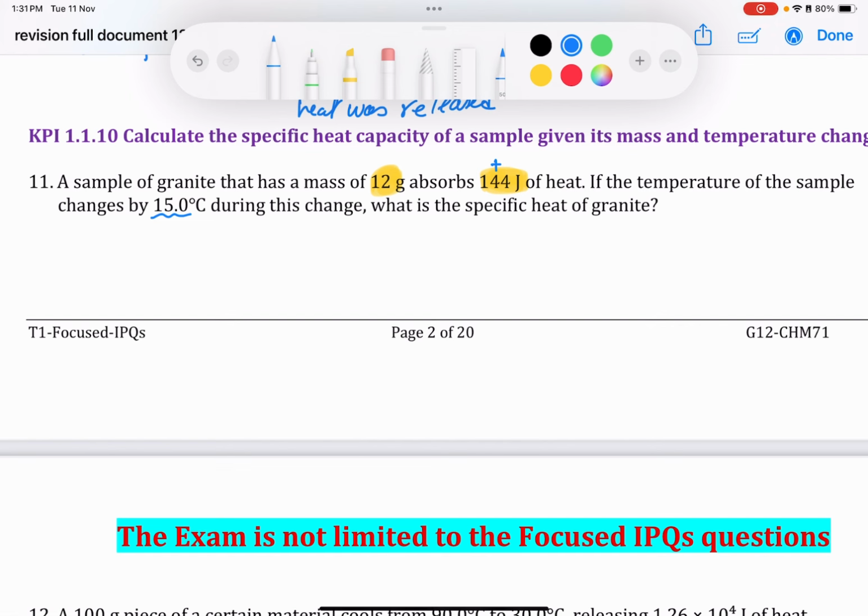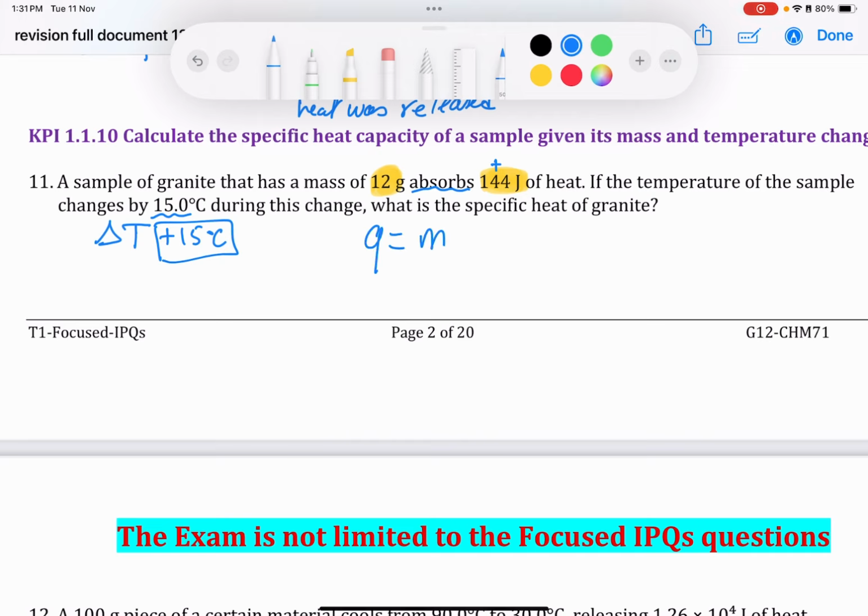They simply gave me the change. During this change, what is the specific heat of granite? Now, because the heat was absorbed, it means that the temperature increased. So this delta T change is positive, not negative.